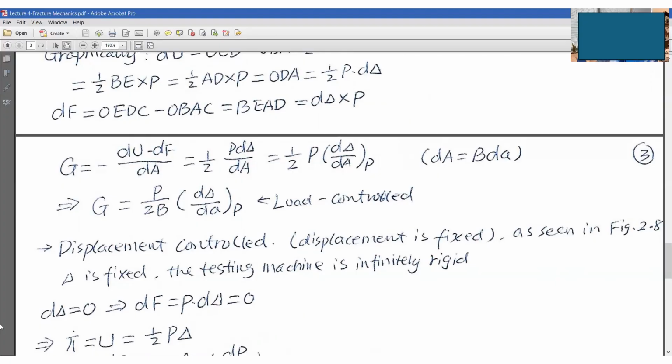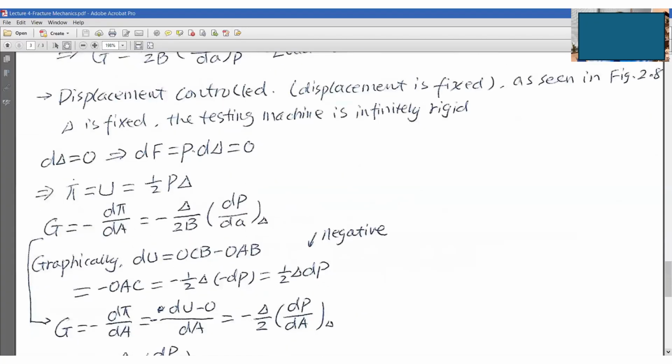One, this is crack length equals A. Second case scenario is when the crack length equals A plus dA. So as seen in figure 2.8, you should know that delta is fixed and the testing machine is infinitely rigid. It's infinitely rigid.